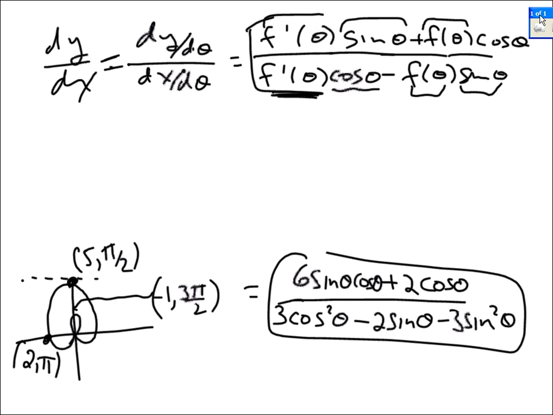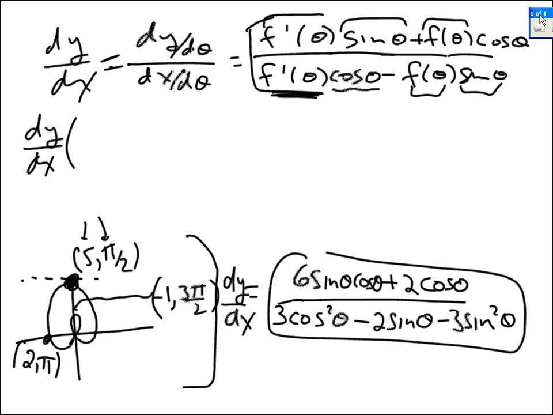You don't have to know x, you don't have to know y, you don't have to know any Greek letters, you just have to know theta. And for this top point up here, I want to know what dy/dx at pi over 2 is.